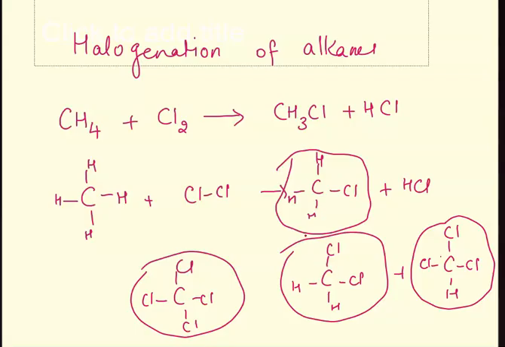However, it is still a good example for us to illustrate the free radical mechanism, as well as one of the few reactions that methane shows, because methane is generally a very unreactive compound. It's a saturated alkane, so one of the few reactions that alkanes show is halogenation.